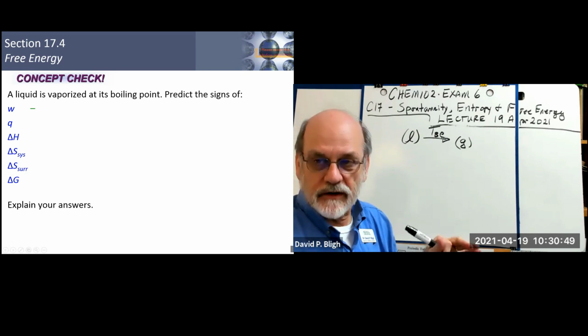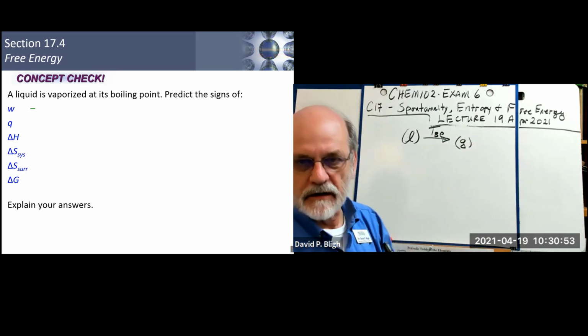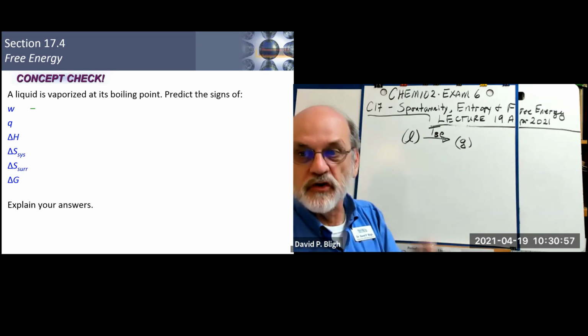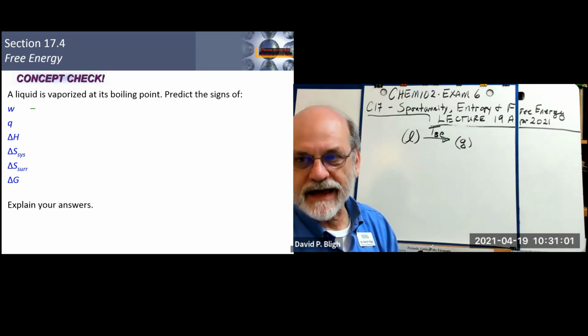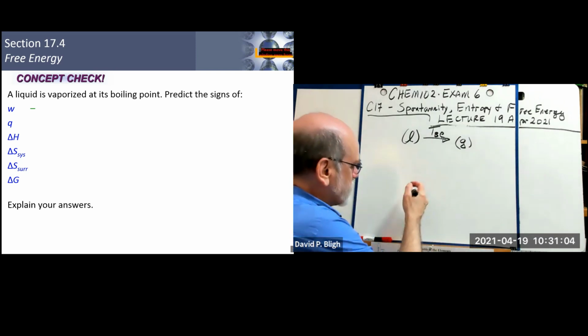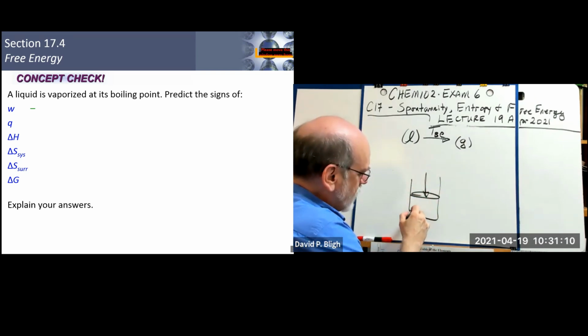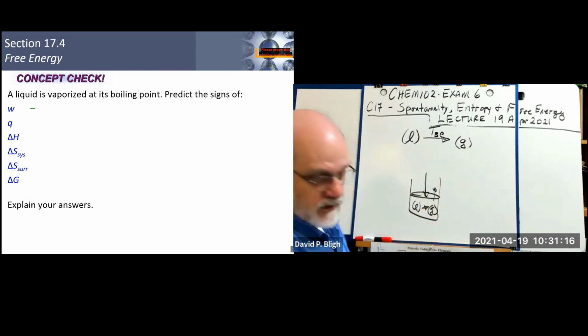Well, if you consider that your system is coupled some way to extract that movement, then you can say that work is negative. In other words, you've got a liquid here going to gas, right, then that piston is going to move.